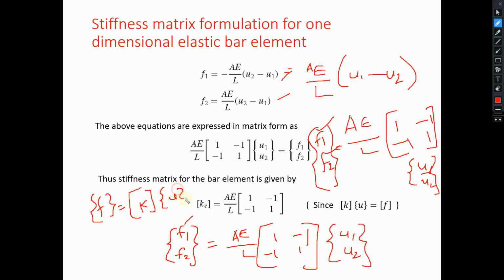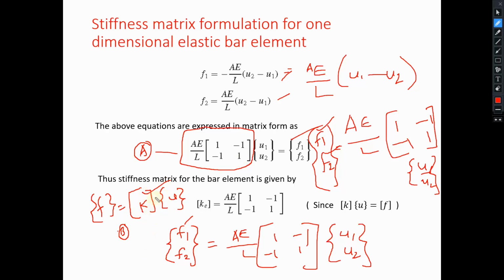So if you compare these two equations, equation A, equation B എന്നിടാം. So if you compare these two equations A and B, you can see that this whole term AE by L into [1 -1; -1 1] എന്ന് പറയുന്നതാണ് K വെച്ചിട്ട് represent ചെയ്തിരിക്കുന്നത്.